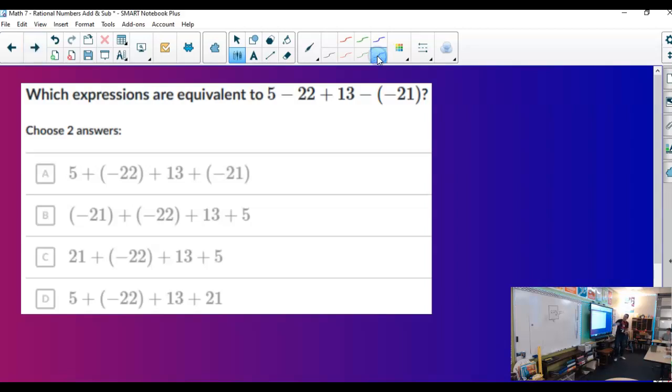Sorry, Elijah, you said to do what? Ooh, the minus negative. Be careful saying two of those negatives because it's really minus negative. That's going to turn into addition.